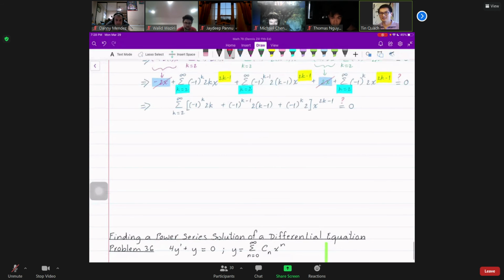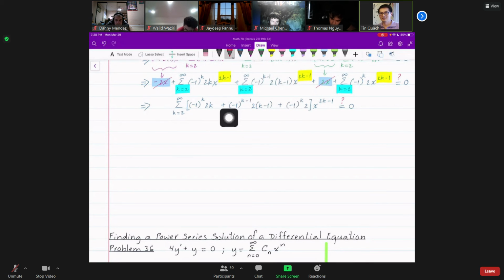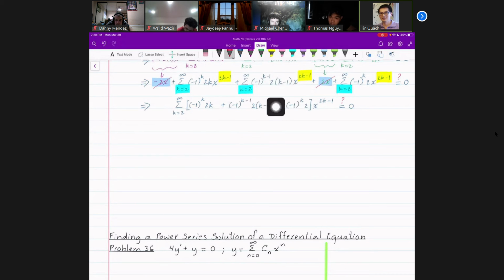So we need to multiply out and simplify this one and see if we get 0, right? But the only way for this series to be 0 is when the coefficient here is 0. So let's do that. Okay, so what do we have? So we have negative 1 to the 2k.